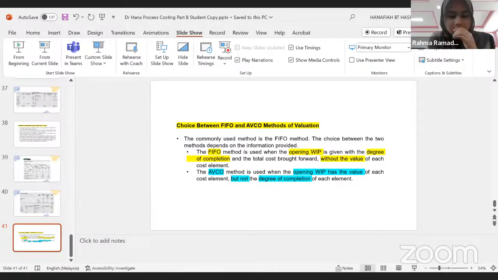My question is, if there is a defect item in the opening process, what is the effect or indication on equivalent units and total production costs? I would really appreciate it if you would explain it, ma'am. Thank you.